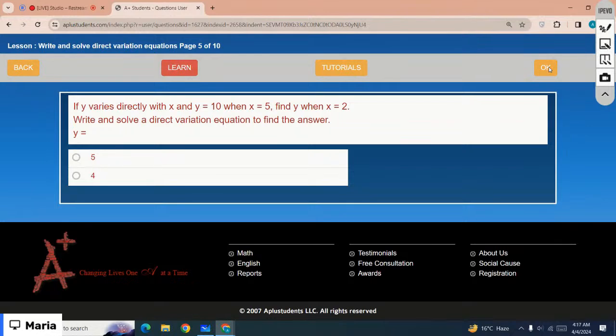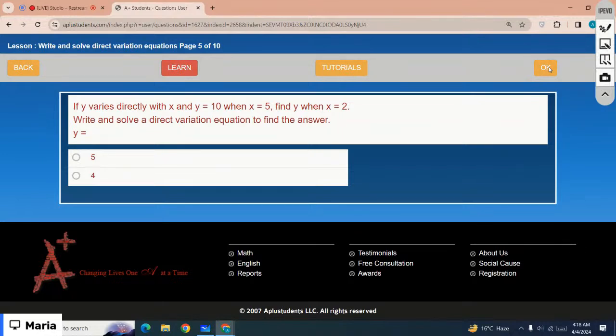So, which is the correct option? 4 it is.